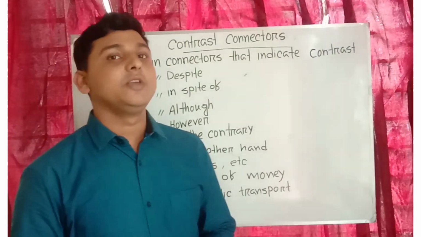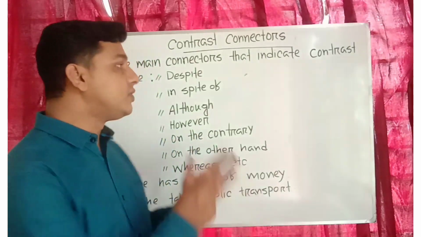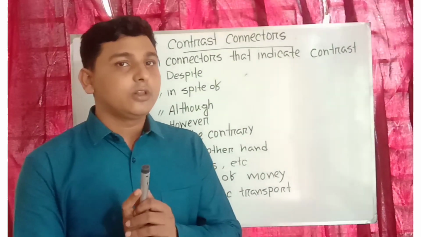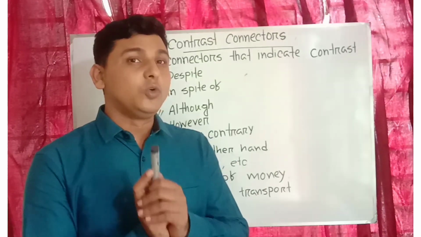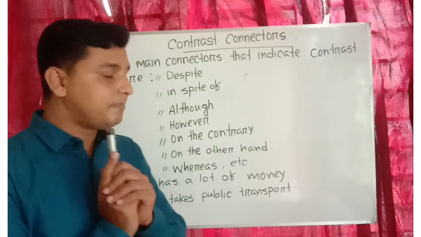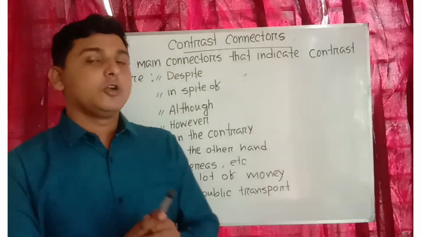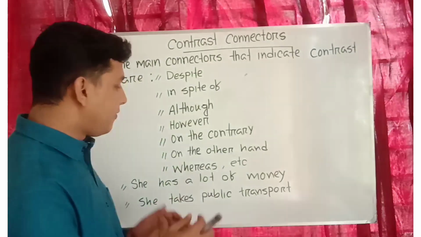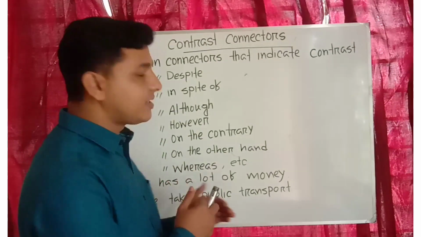We can unite these two sentences using contrast connectors. So first of all, we will see which relationship or situation exists between the two sentences. Then we'll try to find out which connectors will be suitable for connecting them.